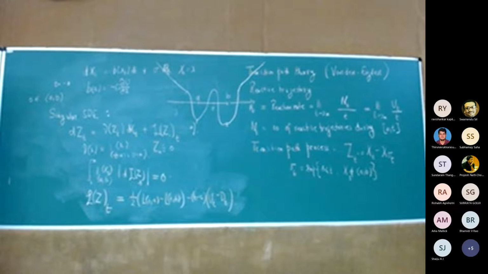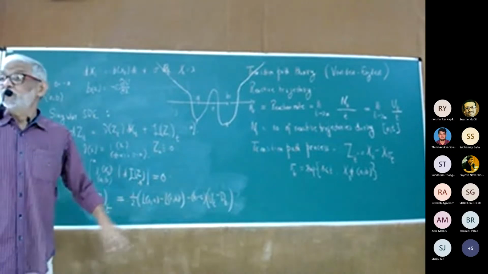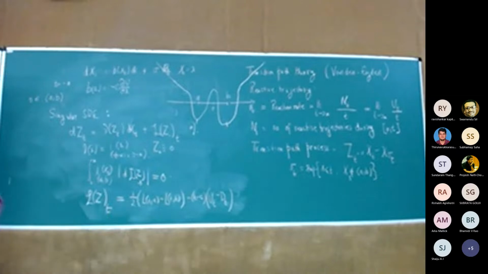However, you can also describe it in terms of the local time of Z at 0. Whenever X is at A, Z is at 0, and similarly, when it is at B, Z is at 0.